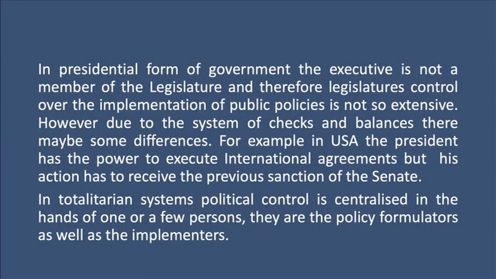In the presidential form of government, the executive is not a member of the legislature, and therefore the legislature's control over the implementation of public policy is not so extensive. However, due to the system of checks and balance, there may be some differences.